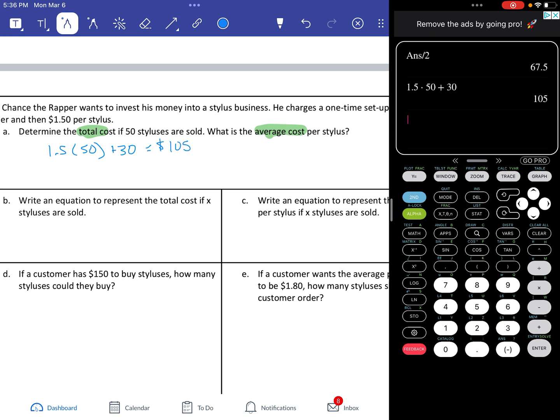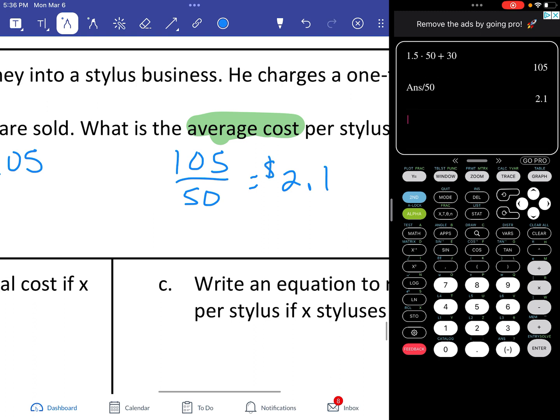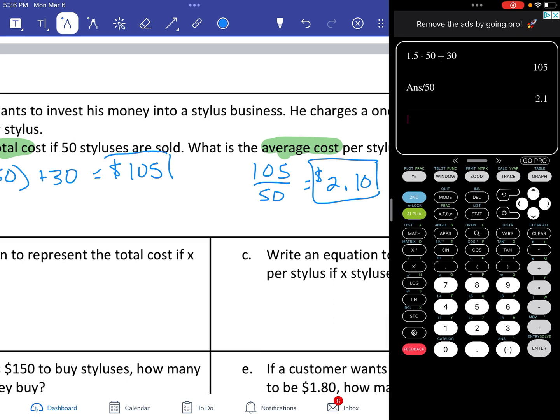Now the average is taking the total, 105, and dividing it by how many stylists were sold, so 50. The average is 2.1. So $2.10 for the average, $105 for the total.